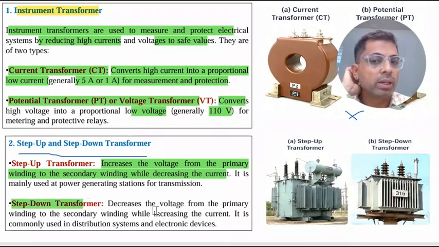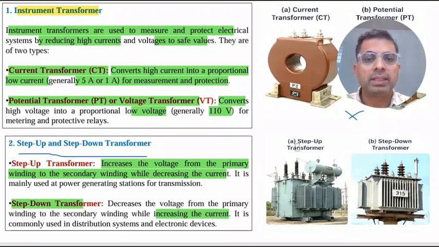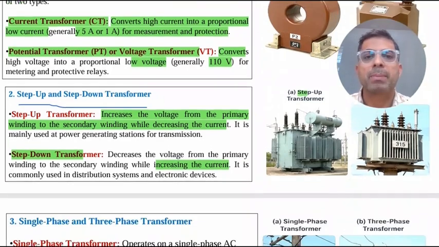It will decrease the voltage from the primary winding to the secondary winding while increasing the current, right? These are real images of the step up transformer and step down transformer. You might have seen these images on roads somewhere while you are traveling, right? So this is the step up and step down transformer.